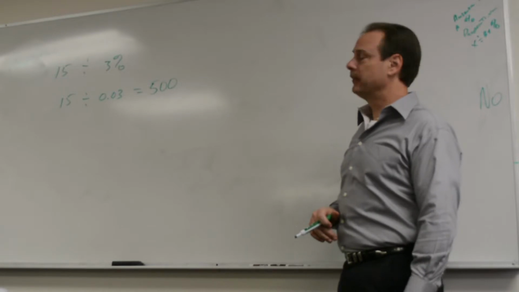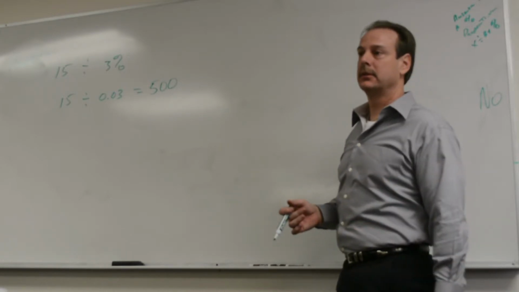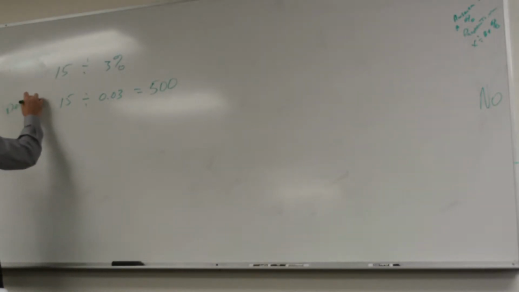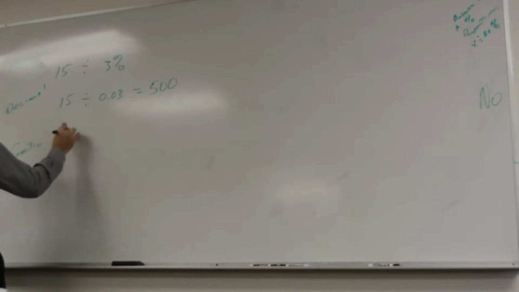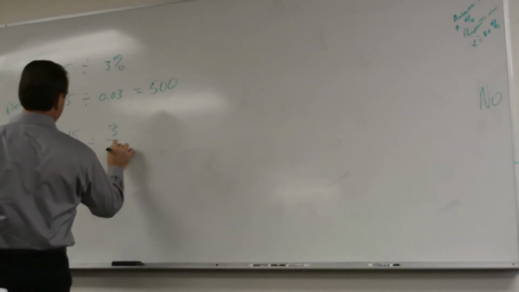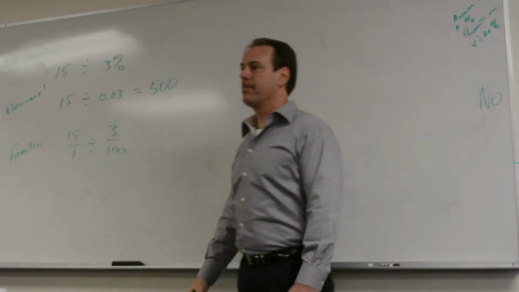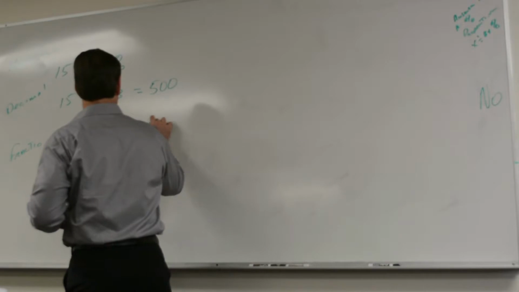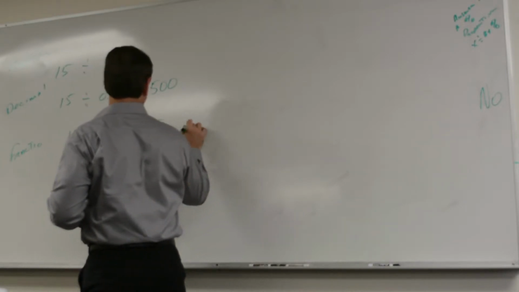Now, can we do it using fractions? Here's the fraction way of doing it. We're going to take 15 over 1 divided by 3 over 100. Now what do we do? Keep, change, and then we're going to flip this.